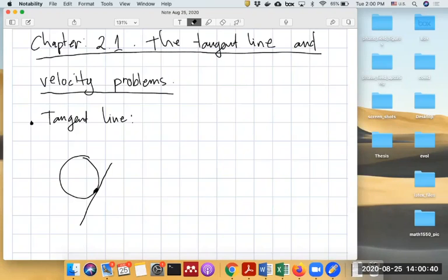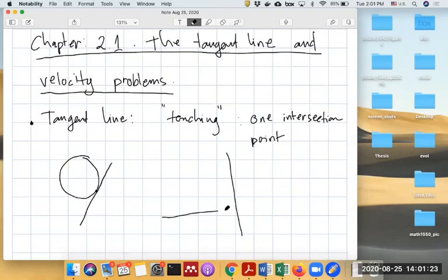The line that touches our given graph at only one point. Tangent means touching, right? And it's just one intersection. And here, in this circle, the line touches this circle at only one point. So this line is a tangent line of this circle, right?